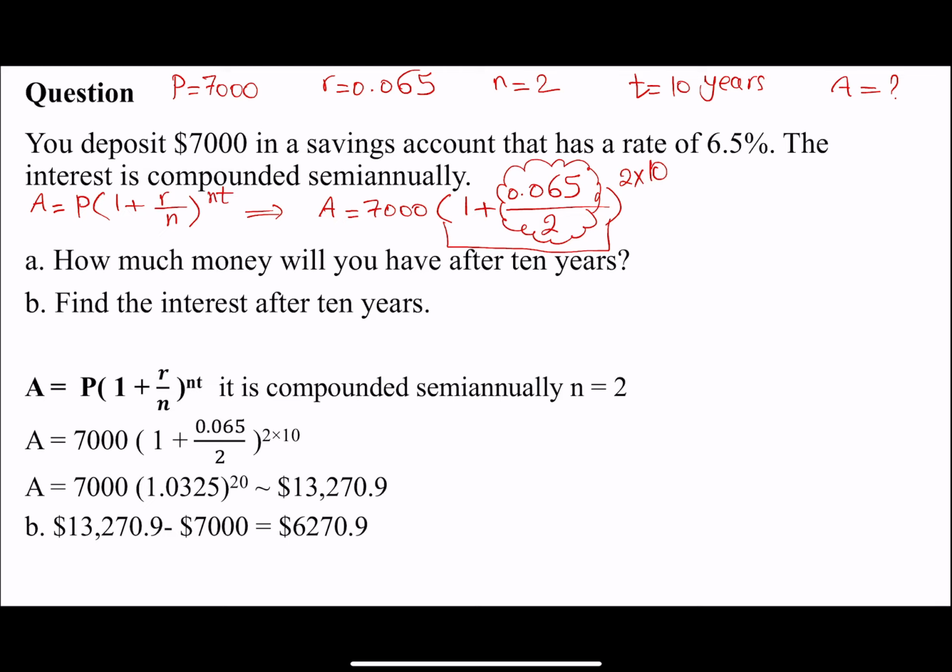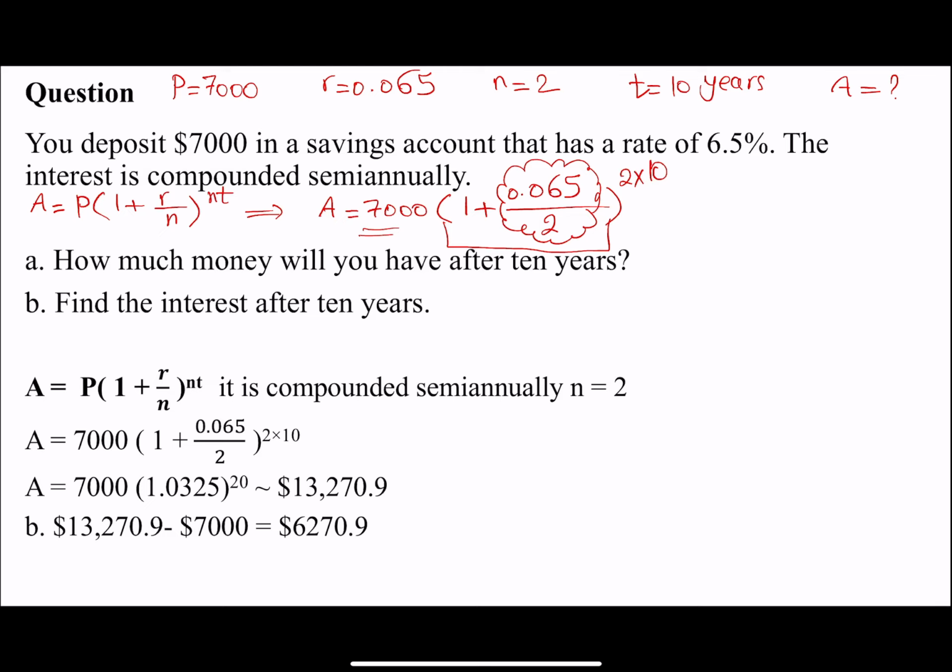Whatever the result is, multiply that by 7,000.